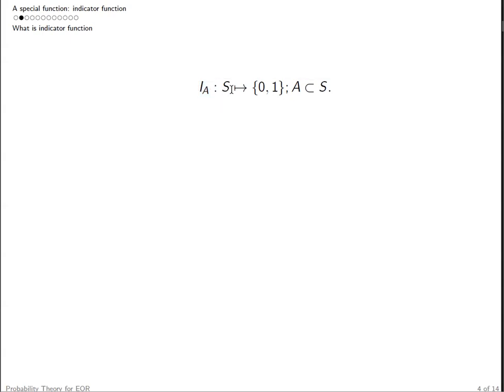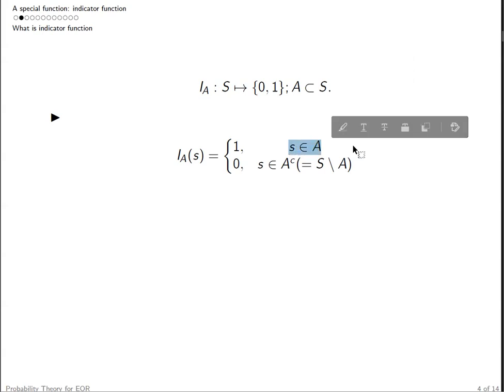It's a mapping from a whole set, the complete set S, to either 0 or 1, and A here is just a subset of the whole set. So this function is going to assign 1 for any element from A, otherwise 0. It's a very simple function, but even though it's simple, it already has many different and very useful properties.